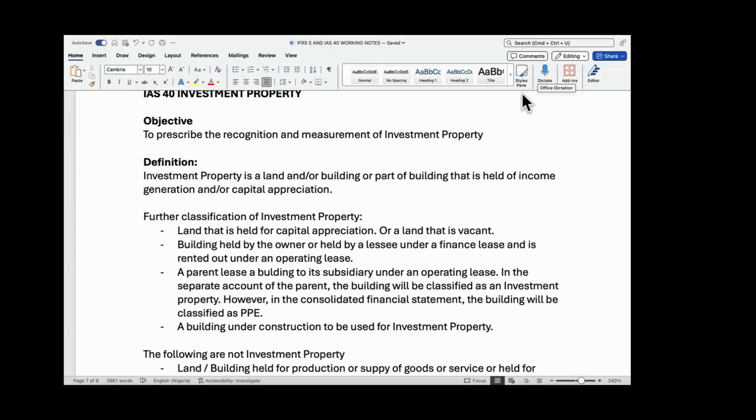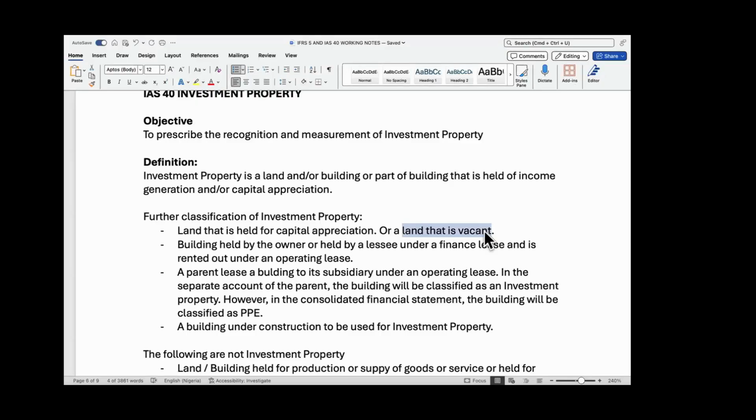And I did some further breakdown for you that investment property can be land that is held for primarily capital appreciation. That is a land that is just held vacant. You're not using it for anything. It's just there.